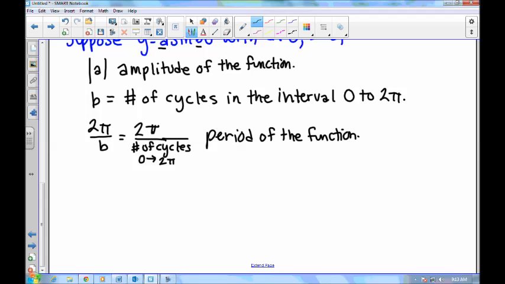And the period is the horizontal width that it takes for one cycle to complete.